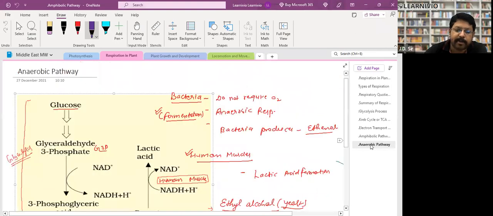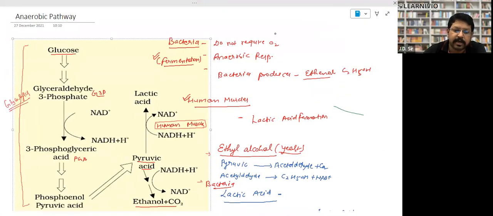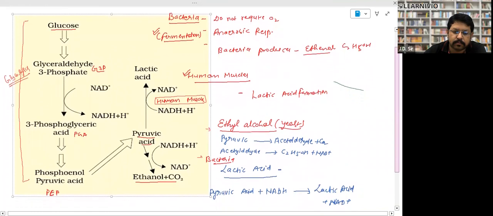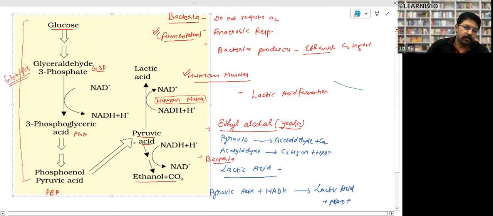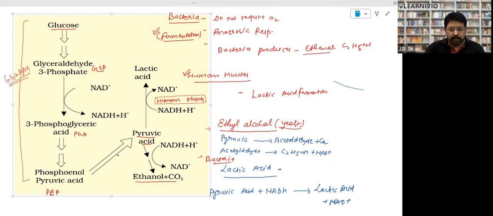One last, that is the anaerobic pathway. This diagram is there in your NCERT. Look, irrespective of the reaction, whether it's aerobic or anaerobic, in both kinds of respiration, what happened?